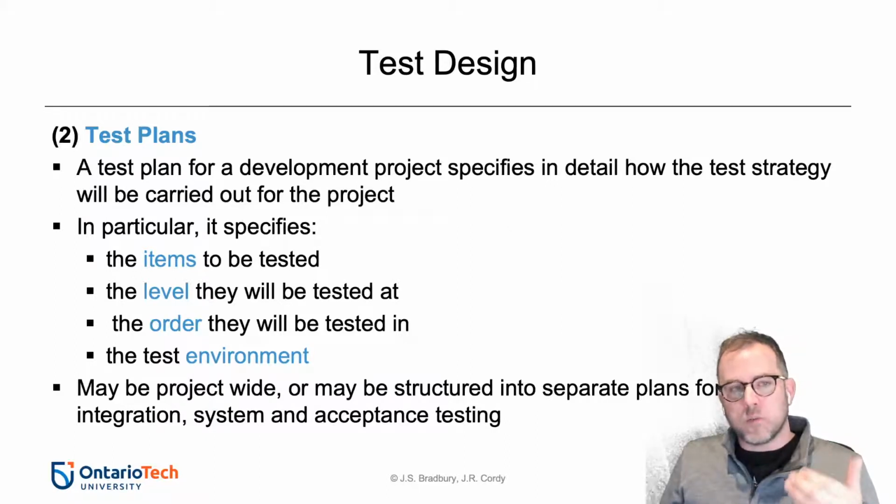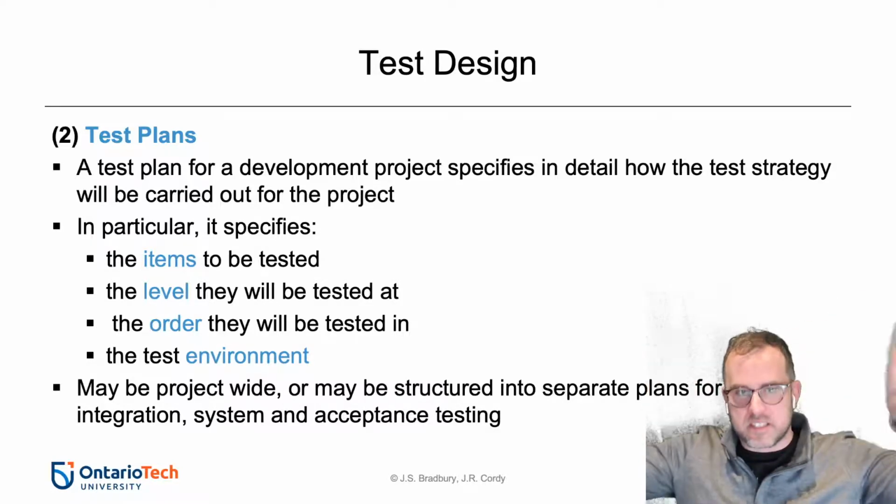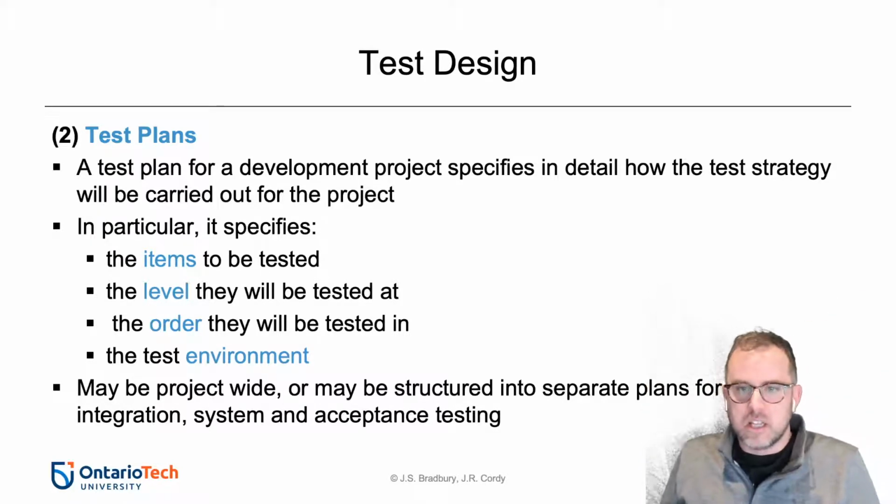And while you may have an entire single plan for your whole project, it also might be, especially in very large system development or in distributed development scenarios, where you have a team in one office developing one part of a product, and a team in another part of the world developing another part, they might have separate plans for testing their parts and then a plan for testing at the system level when they get integrated together.